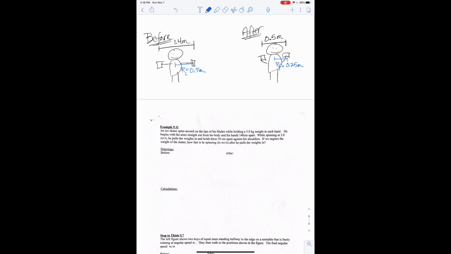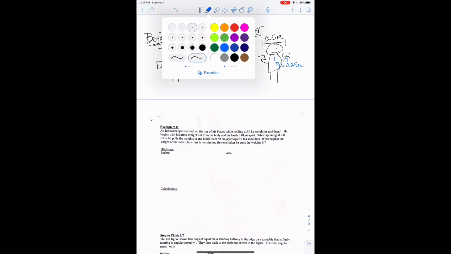All right, and we were told to ignore the mass of the person because their mass is going to be spinning away from the axis of rotation. I'm sure some of it will be spinning right at the axis, but a lot of it will be around it, and so we can ignore that and just focus on the mass of the weights, which is 5 kilograms.